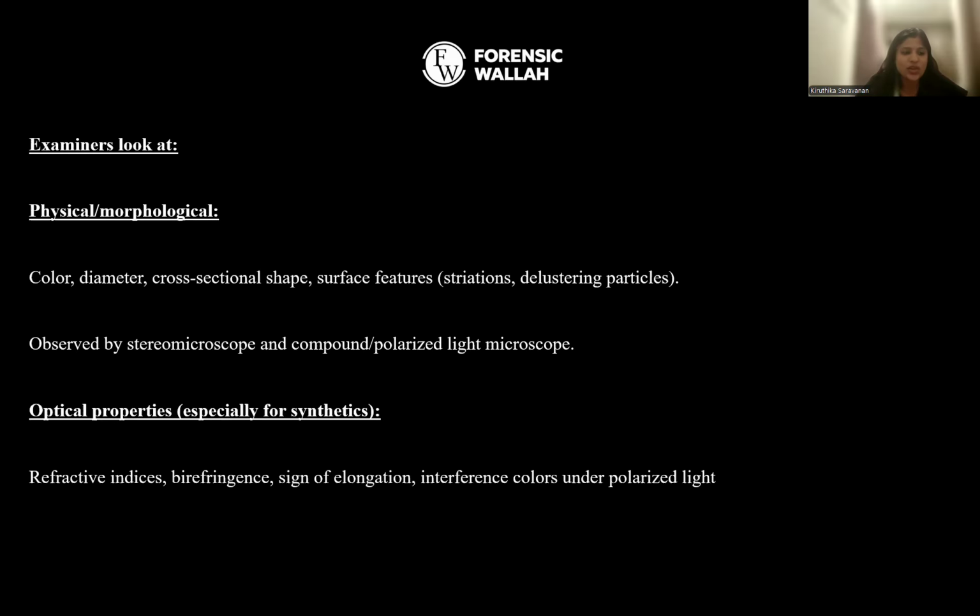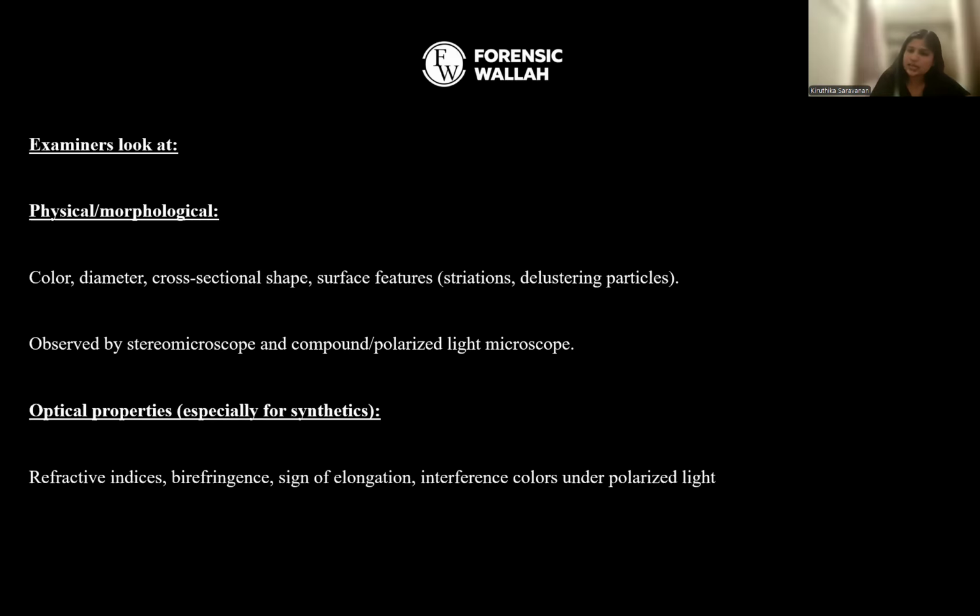Now coming to sign of elongation, it shows whether the refractive index along the fiber is greater or lesser. You take a longitudinal section as well as a transverse section of the fiber, and compare whether the longitudinal refractive index is greater or the transverse refractive index is greater.